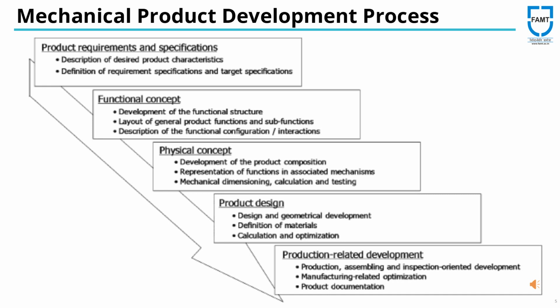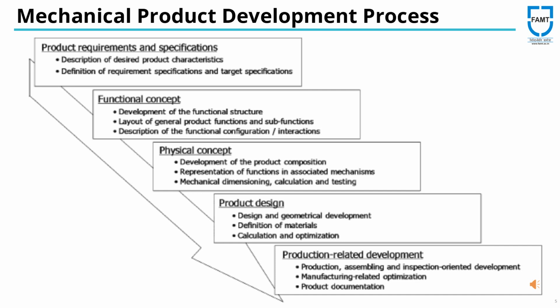Then, based upon the description and product characteristics, whatever requirements are to be fulfilled as far as customer requirements are concerned, we know that any product basically is intended or designed to meet customer requirements. So accordingly, the definition of the requirements, then specifications, and the target specifications are decided. So that is the first product requirement and specification stage.